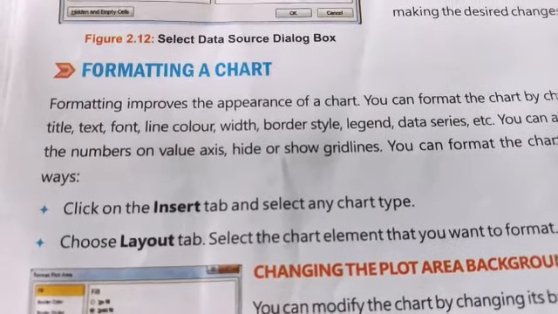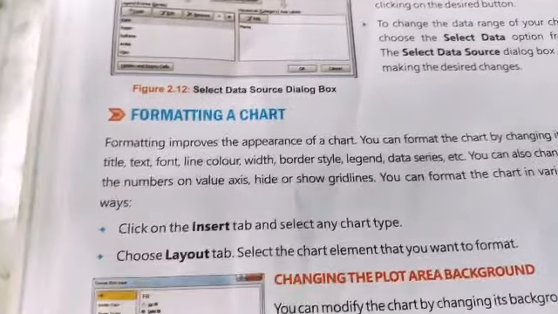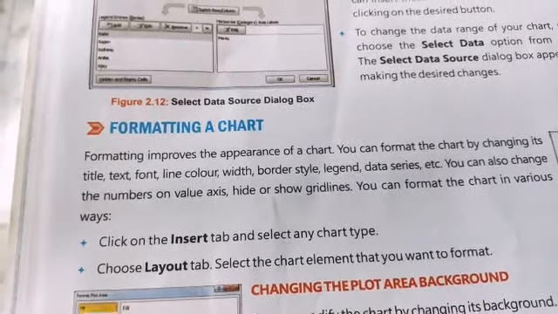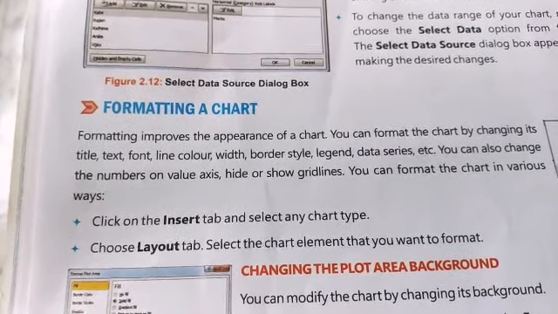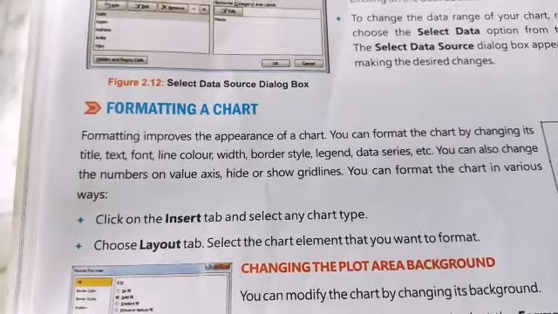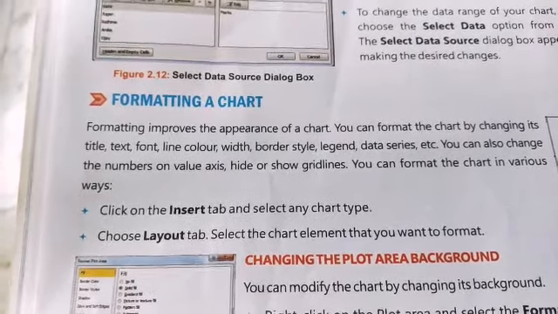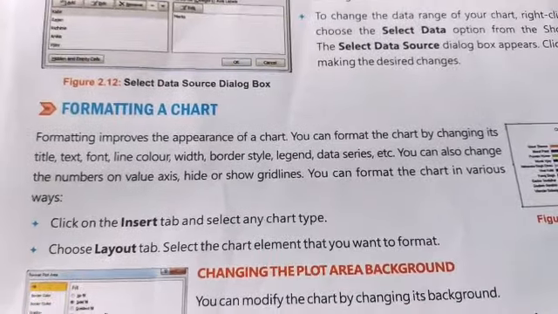After that, the next point is how to format a chart. Formatting means how to give a different look. That means title, text, font, line, color, width, border style, legends, data series, etc. All these fonts and colors you can change.